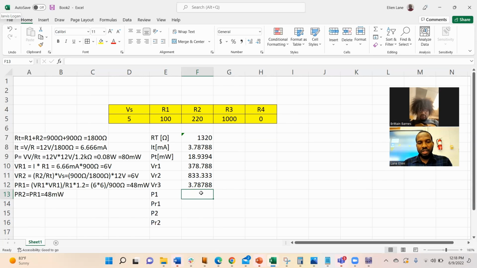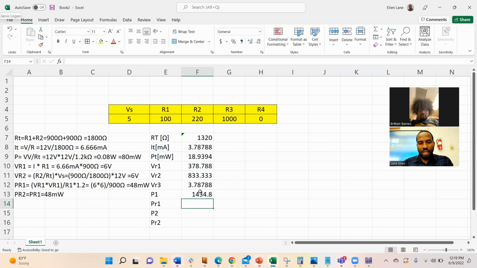It's V times I, the current flowing through the resistor times the voltage of the resistor. That's one way you can do it, or you can use V squared divided by R, where V is the voltage across the resistor. So P is equal to VR1 squared divided by R1.